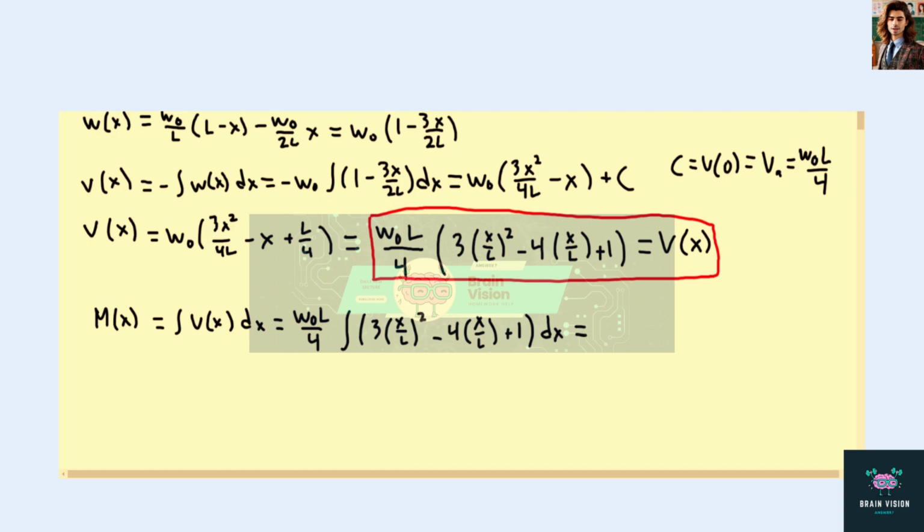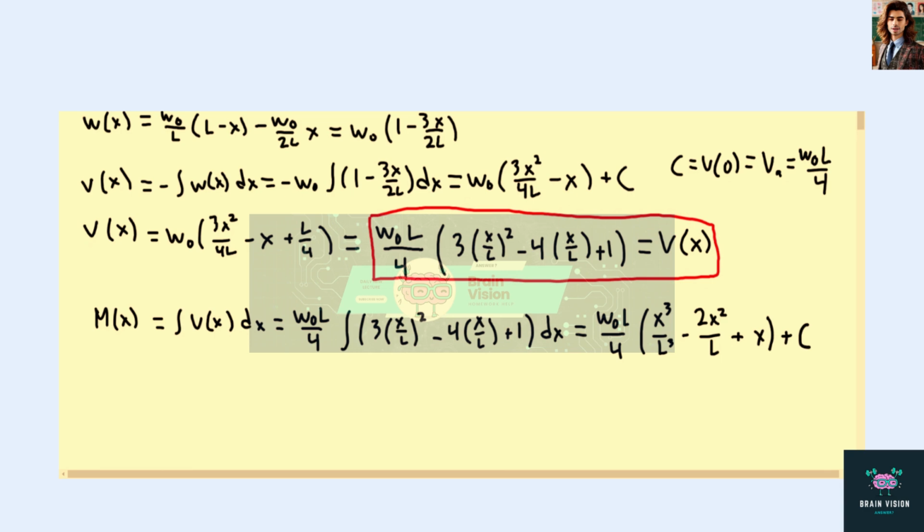And here our result will be a W0L over 4 times x cubed over L squared minus 2x squared over L plus x. And again, we'll have our integration constant.